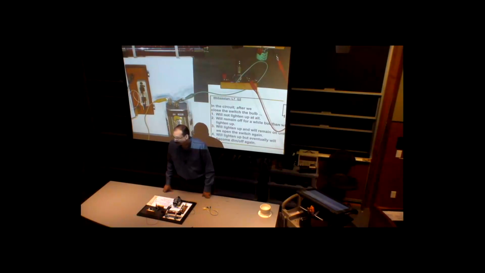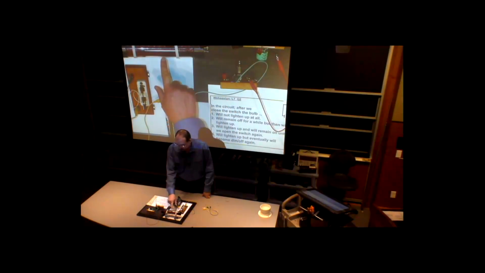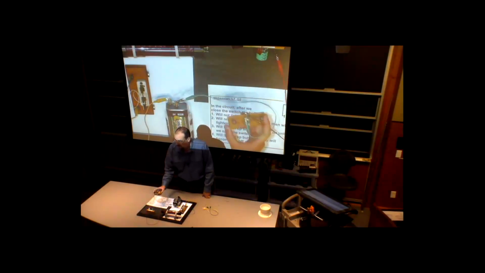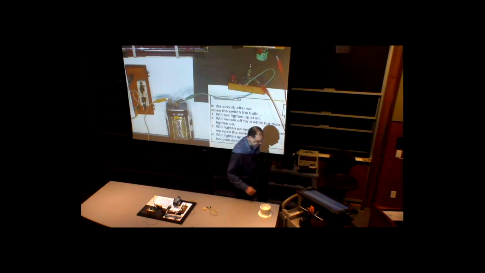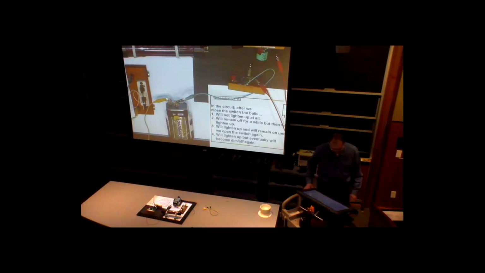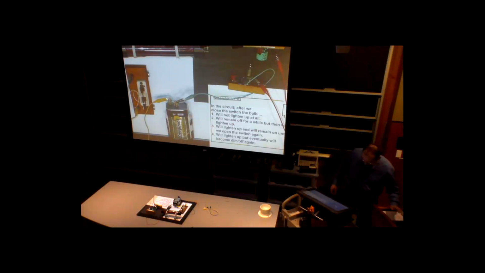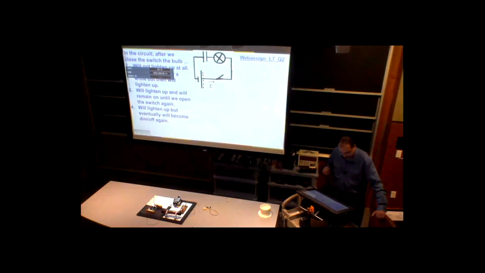That's it. Eventually it will stop. We still observe some electric current, but that electric current is not enough already to make this bulb bright. It is too low, and eventually it will become zero. So the right answer is 4.